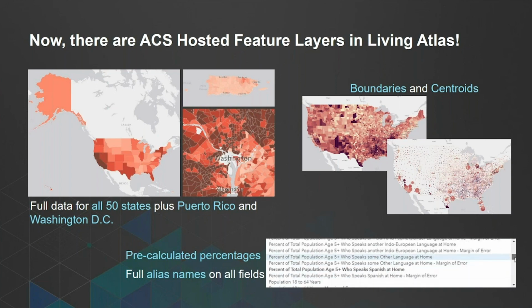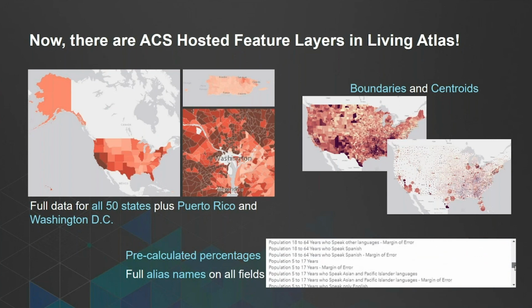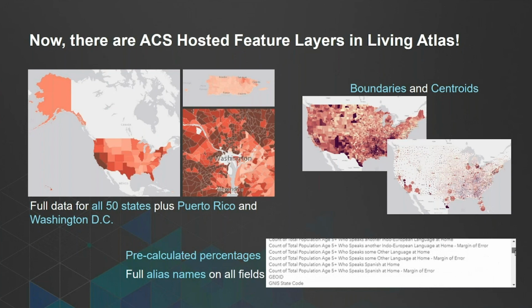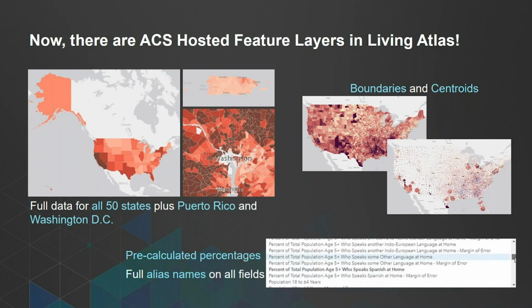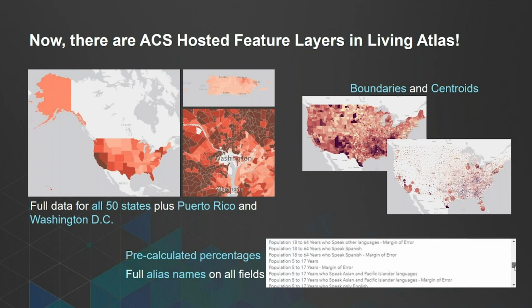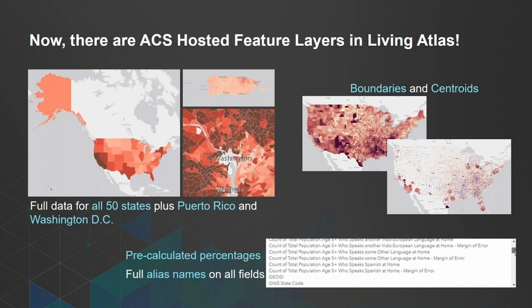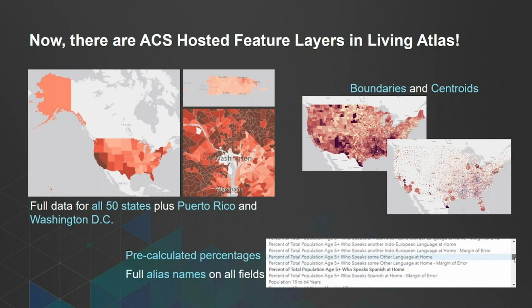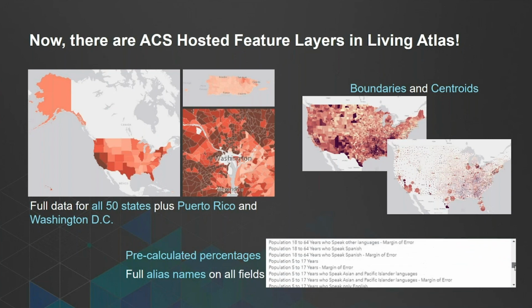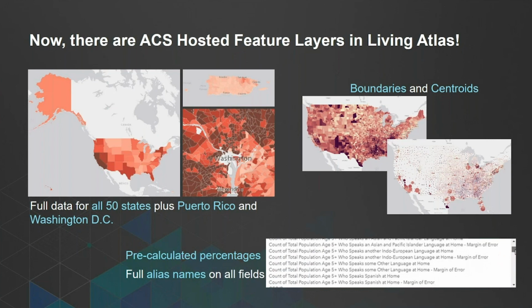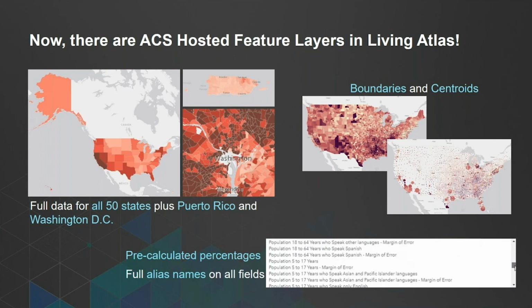And so Diana's our in-house ACS expert, and she's created a huge amount of these pre-calculated percentage values in these data sets that contain the correct denominators. Those percentages also include the margins of error, which uses the ACS calculation for calculating margins of error. So if you use one of those percentages, you can also use the margin of error, which you can have trust in that uses the correct equation.